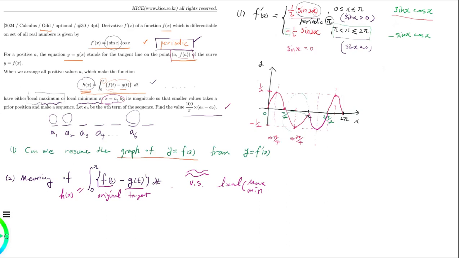Okay, here we have a full graph of the derivative function. Say y equals its derivative f prime of x, and its periodicity is 2 times pi, because of the absolute value of sine of x.